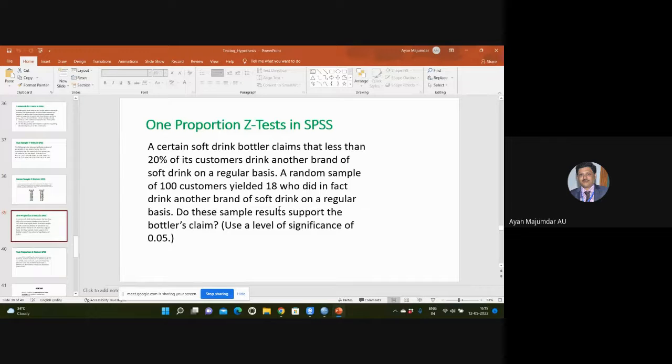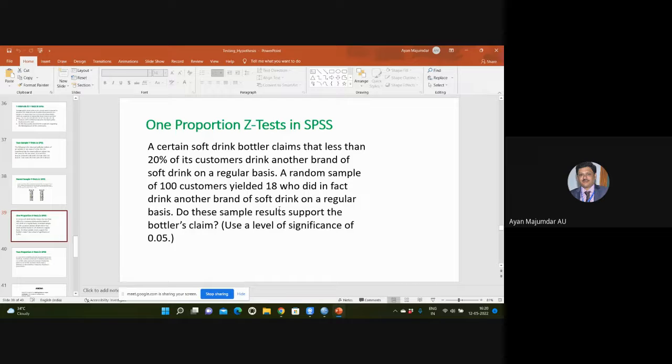A random sample of 100 customers was taken, and the result shows that 18 in fact did drink another brand. Now, the question is, does this sample support the bottler's claim? You have to use 5% level of significance.